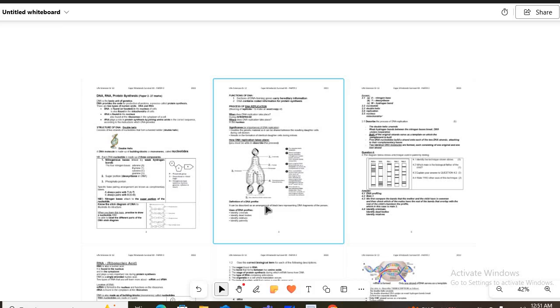The DNA double helix will unwind and both strands unzip, and the weak hydrogen bonds between the nitrogenous bases of the 2 DNA strands break, meaning they separate. Each original DNA strand serves as a template on which its complement is built.